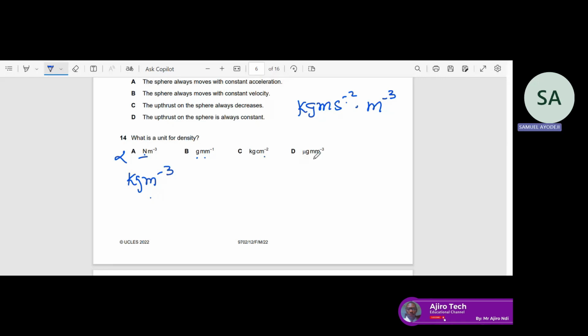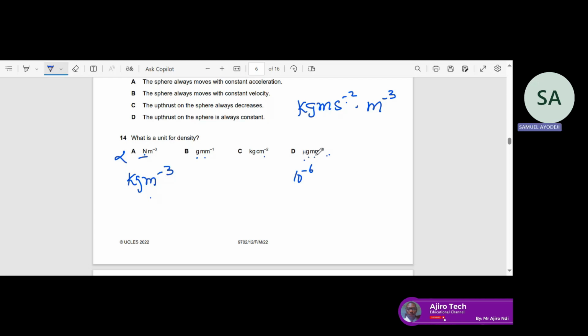Let me see this one. Microgram per centimeter. Micro means minus 6 here. Microgram. Okay, fine.